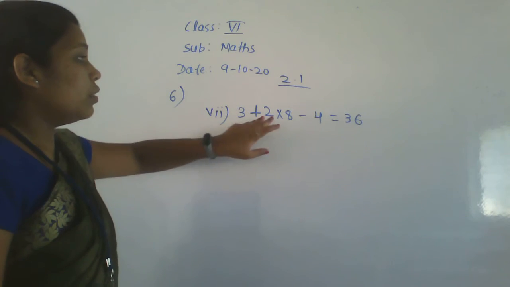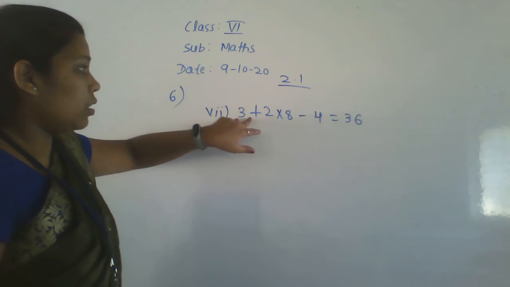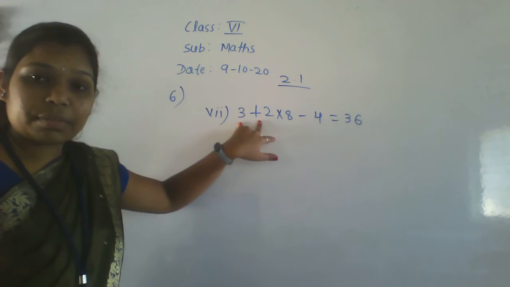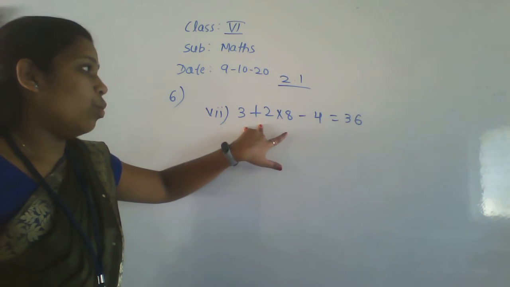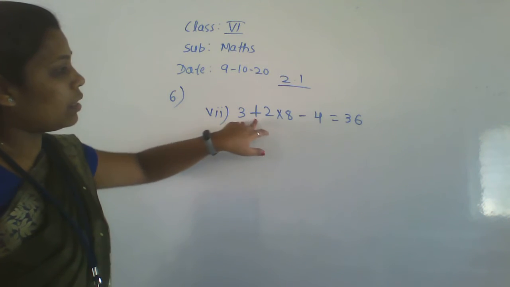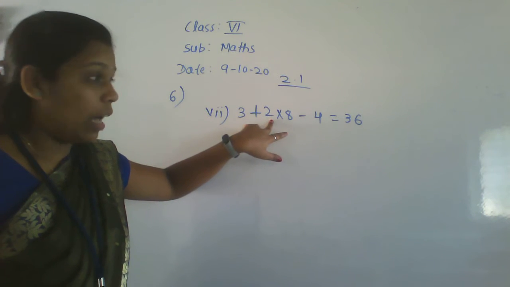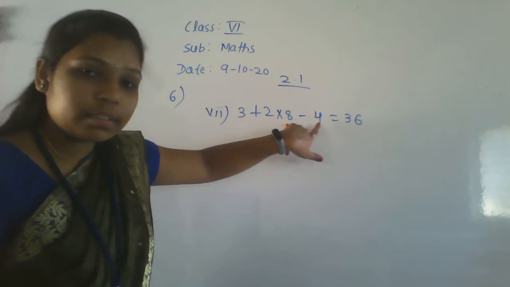Observe everyone. 8 twos are 16. 16 plus 3, 19. 19 minus 4, is it 36? No. Then where do I have to put a bracket here? 3 plus 2 is 5, right? 5 into 8 is 40. 40 minus 4 is 36.